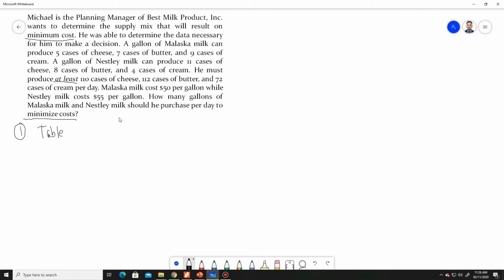So first we let x be the number of cases per gallon of Alaska milk.